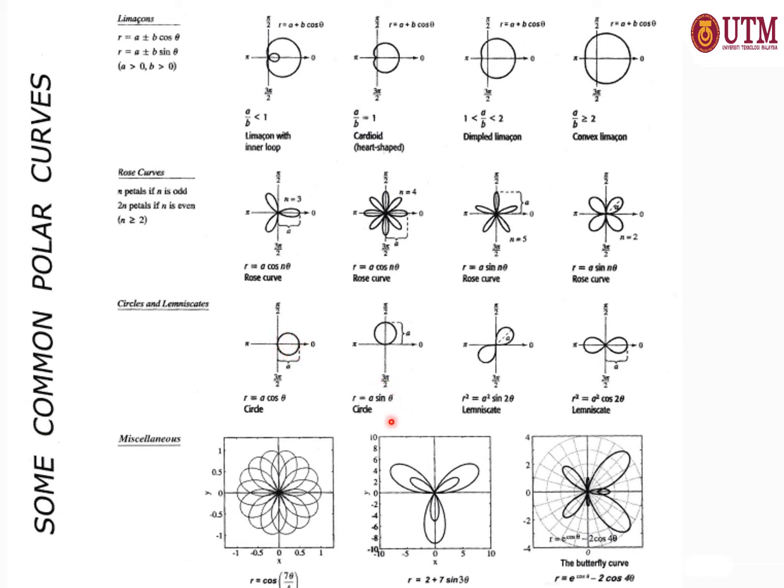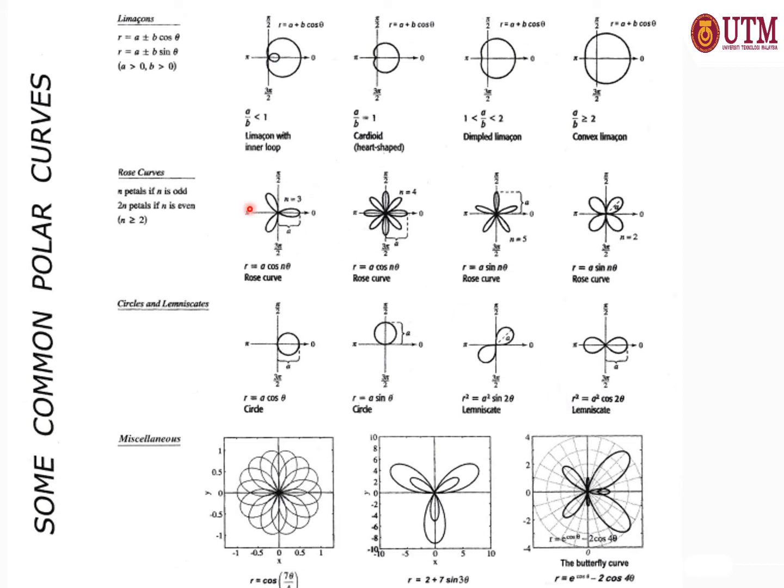Meanwhile, r equals a sin theta is on the y-axis, and a is the diameter. Another shape of the polar curves is the lemniscate. Here the equation is r squared equals a squared sin 2 theta, and the other one is r squared equals a squared cos 2 theta.